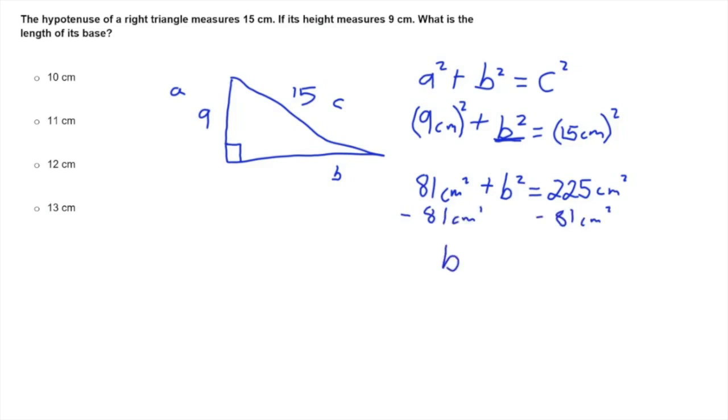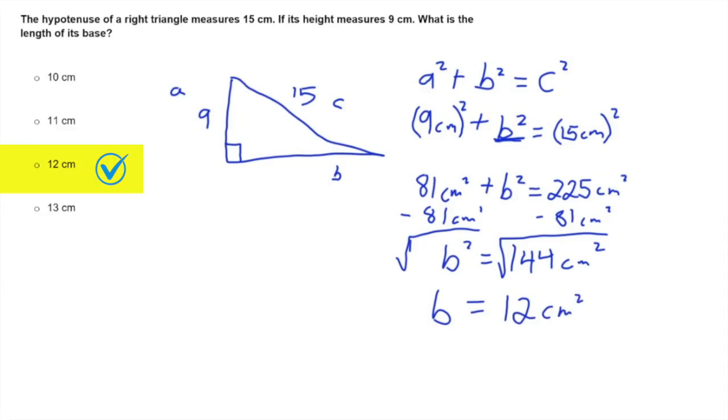That's going to give us B squared equals 144 centimeters squared. Now to get rid of this pesky square, we're going to take the square root of both sides. That's going to give us B equals 12 centimeters. 12 centimeters is our answer.